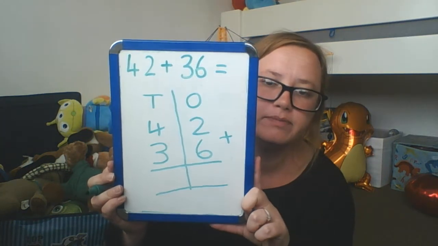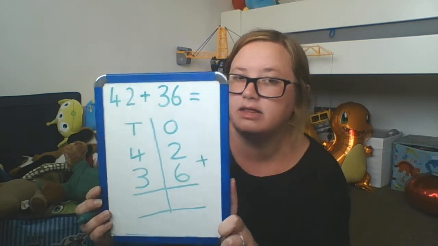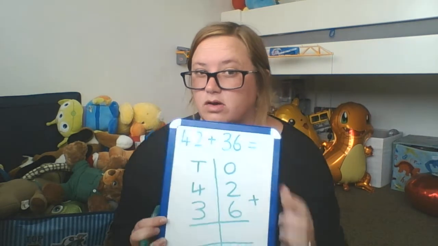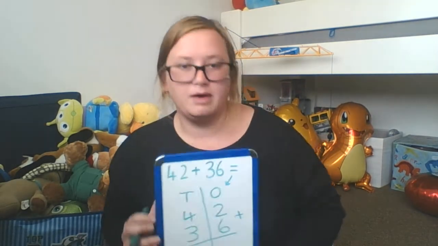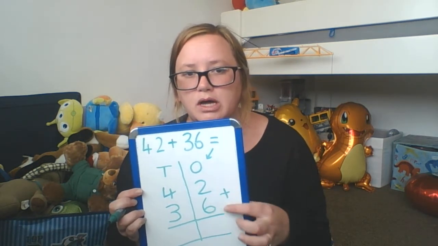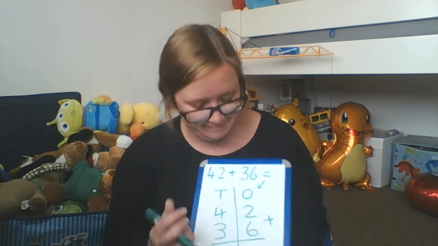So here we go. And then if you remember from the last time, you have to start in the column furthest to the right. And for us, that's our ones column. We're going to start here, and we're going to say to ourselves, right, what is 2 plus 6? 8.